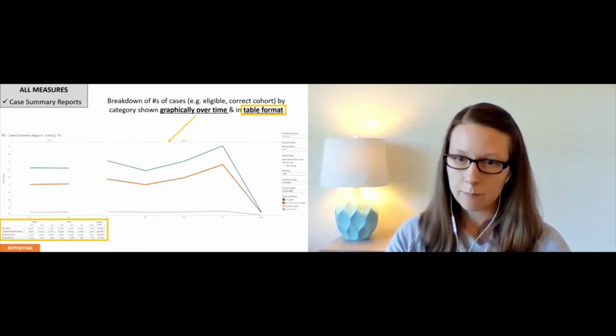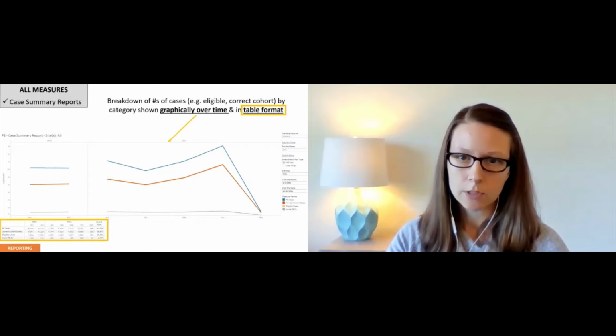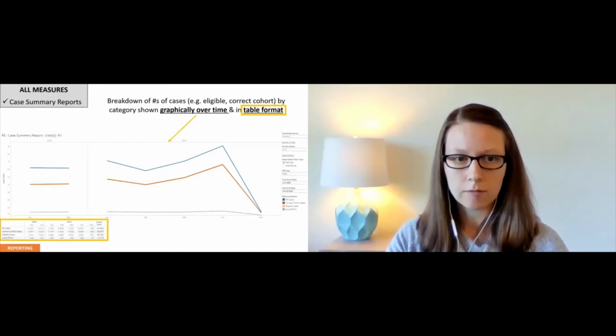All right, so these are the case summary reports, again, available for all measures. The one we have displayed here is for PE. So we show this graphically over time as well as in table format. And the goal here is to give you a breakdown of the different numbers of cases and how they fell into cohorts. So that blue line at the top and the first line of the table represent all PE cases.